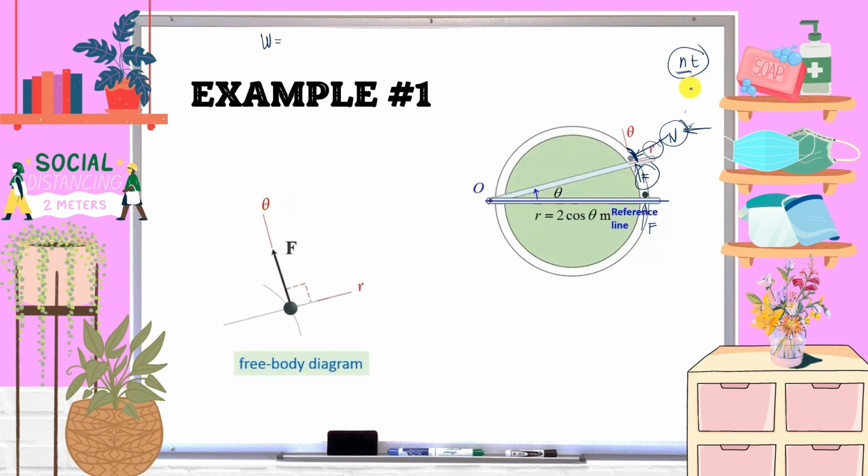We don't know if the normal axis coincides with either of the r and theta axes. We already know that the tangential axis is always tangent to the path, and since our path is the outer curve, we will have this as the tangent line, or the tangential axis. The axis perpendicular to the tangent line is what we call the normal axis, wherein the normal force falls. So we now have the free body diagram.